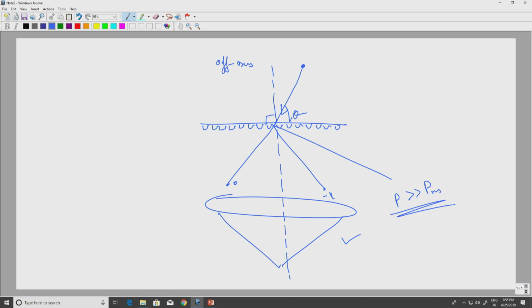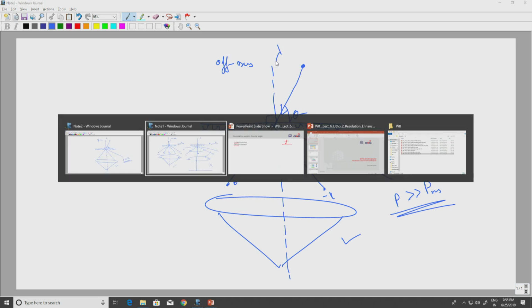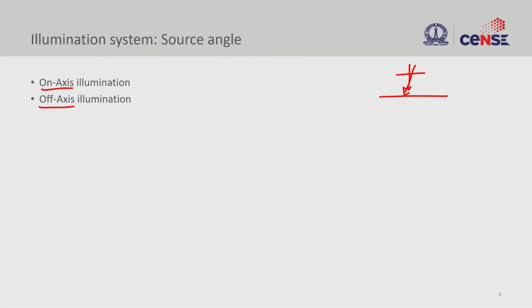So you will be able to image, with given optics and given wavelength, just by tilting the axis. This is what we call off axis illumination.